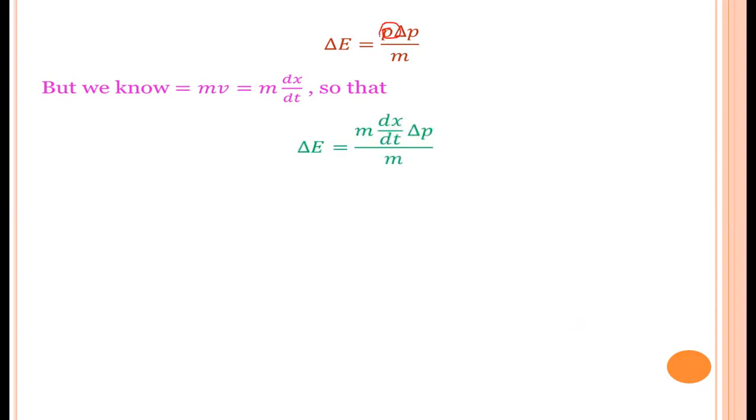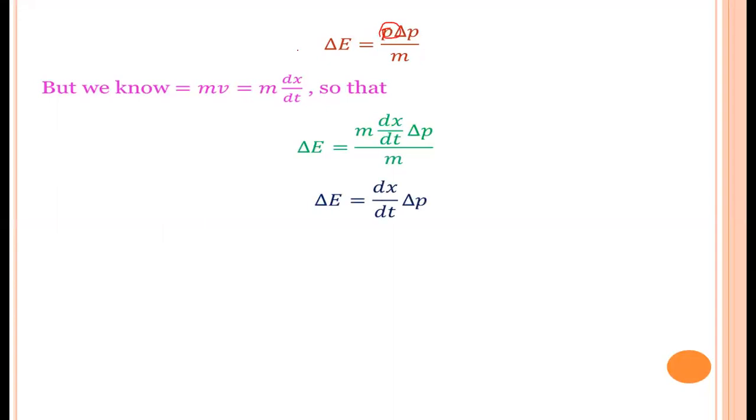But we know momentum p is equal to mass times velocity, p equals mv, and velocity v is equal to dx by dt, the rate of change of displacement. If p is replaced by m into dx by dt, then delta E is equal to m into dx by dt into delta p by m. The m and m cancel each other, so delta E is equal to dx by dt into delta p.